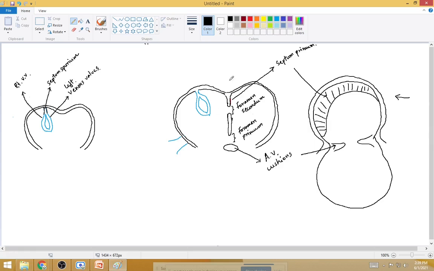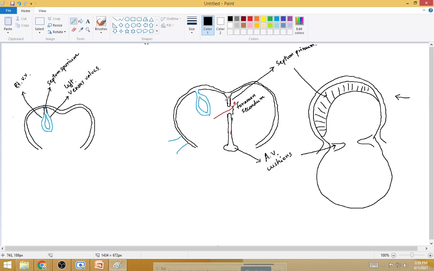Okay, now since the blood can flow from here, this area can be closed, isn't it? So the foramen primum is no longer required because we already have a foramen secundum through which the blood can flow. So the septum primum now gets fused with the AV cushion. Okay? Till here it is okay.